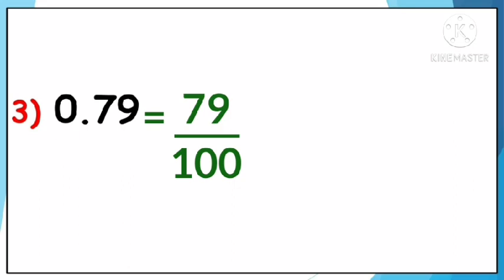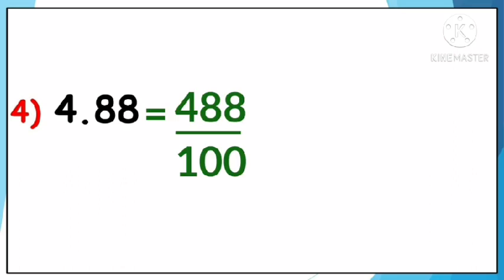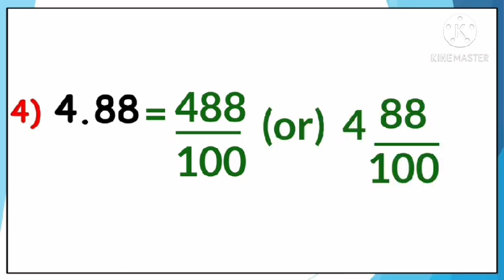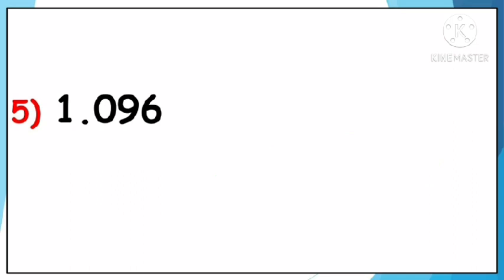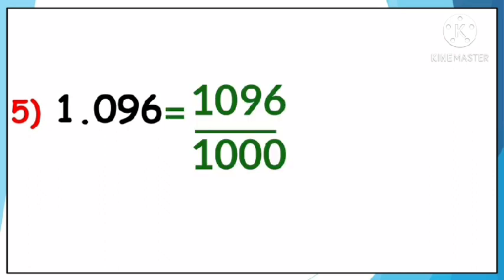The fourth decimal number is 4.88, which can be represented as 488 by 100 or 4 and 88 by 100. The fifth number is 1.096. This can be represented as decimal fraction like 1096 by 1000 or as a mixed number like 1 and 96 by 1000.